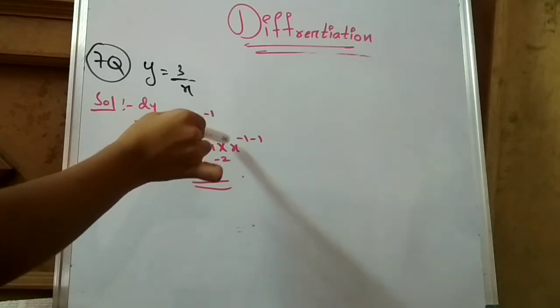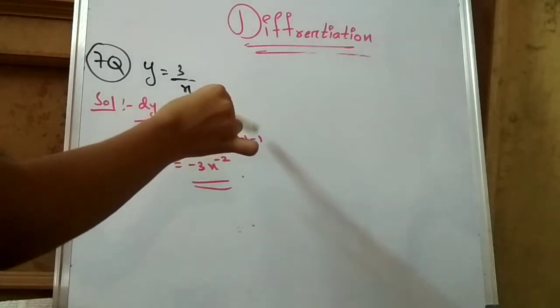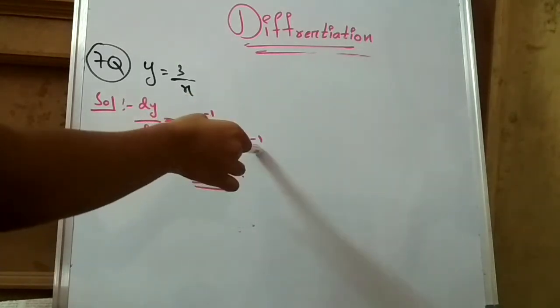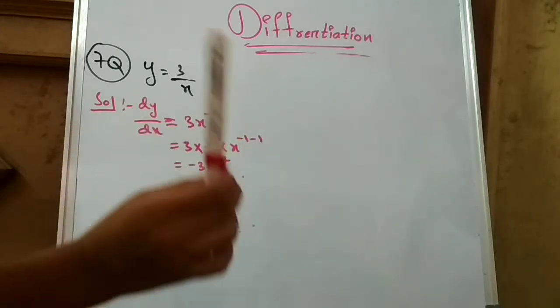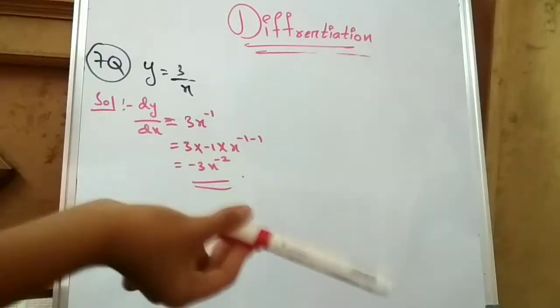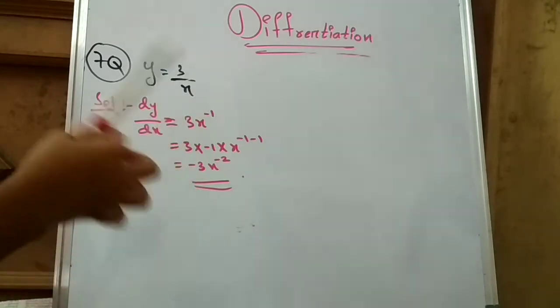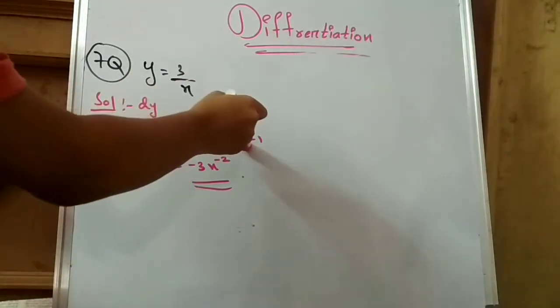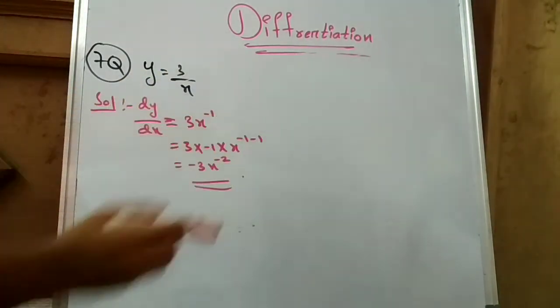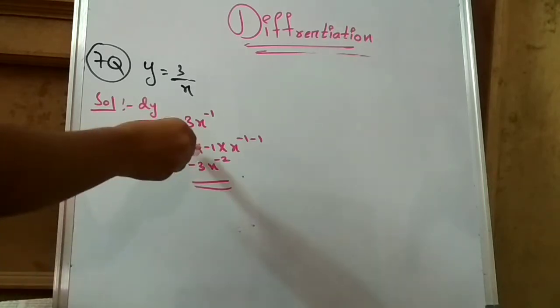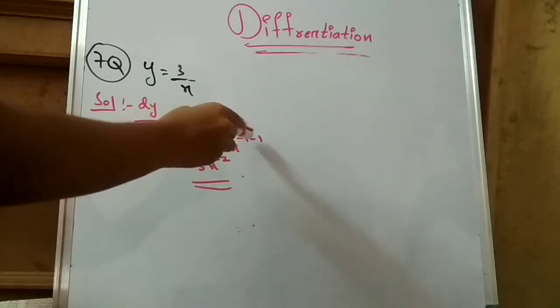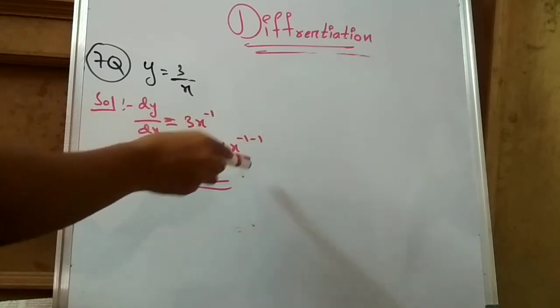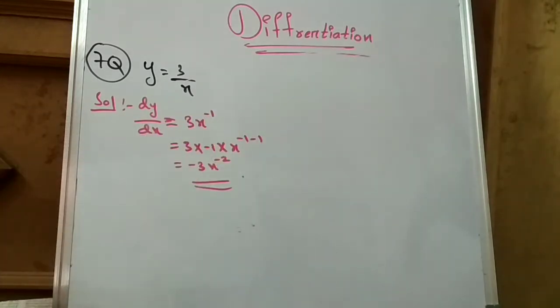So minus 1 into x to the power of minus 1 minus 1. This minus 1 is because in differentiation you need to subtract 1, right? Don't get confused. This minus 1 is of power and this minus 1 is of subtraction. So 3 times minus 1 is minus 3. x power minus 1 minus 1 will be minus 2. minus 3x to the power of minus 2 will be the answer.